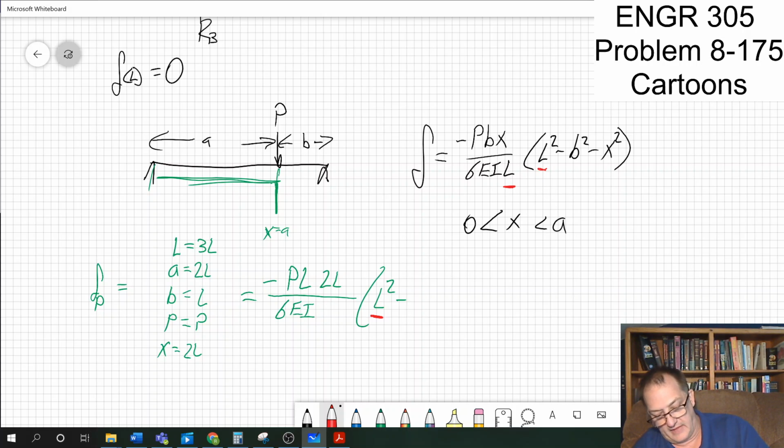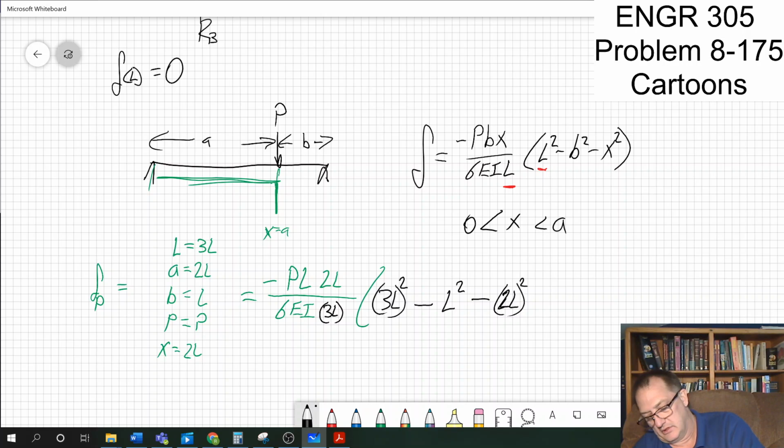So that is a 3L, and this is a 3L squared. That was close. That almost cost me. Minus B, which is L, so that's an L squared, and minus X squared, which is a 2L squared. Close that parenthesis.